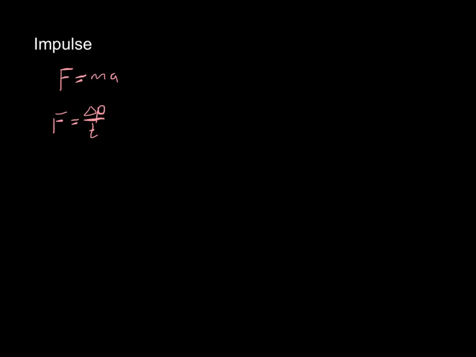So let's take a look at that real quick. F equals delta P over T. Delta P would be change in momentum, so change in mass times velocity over time. Mass isn't really going to change in any given situation. It's not just going to randomly gain or lose mass.